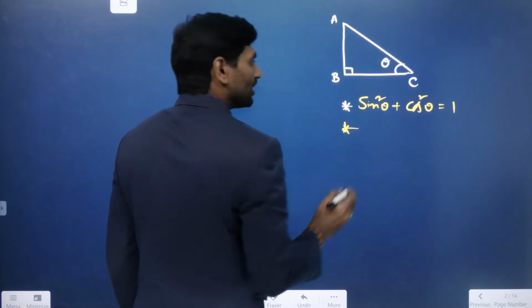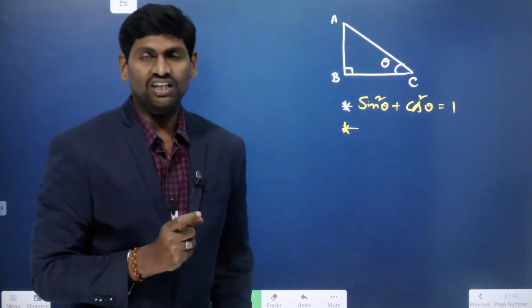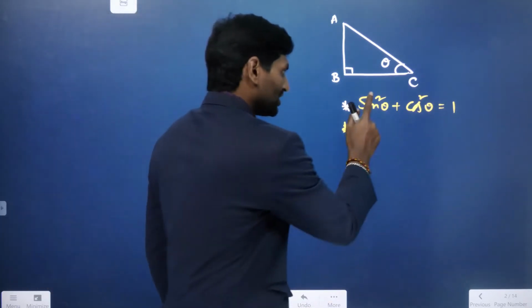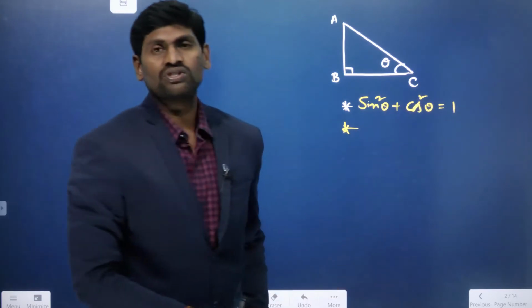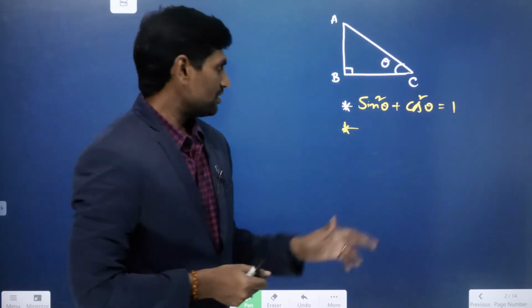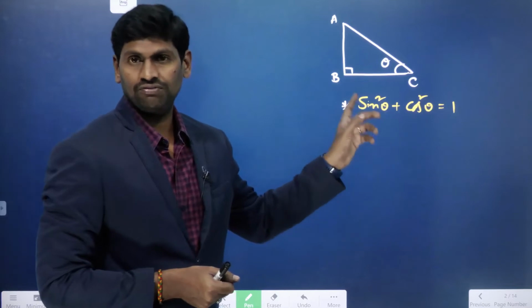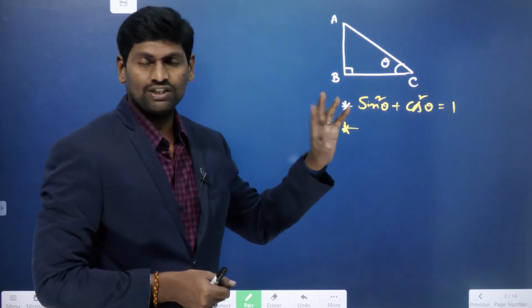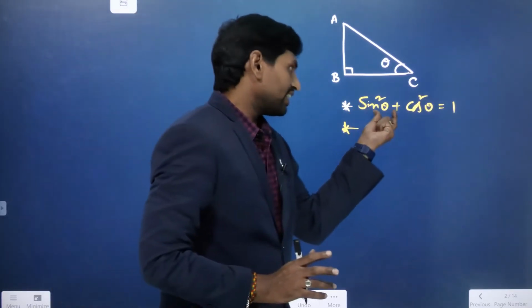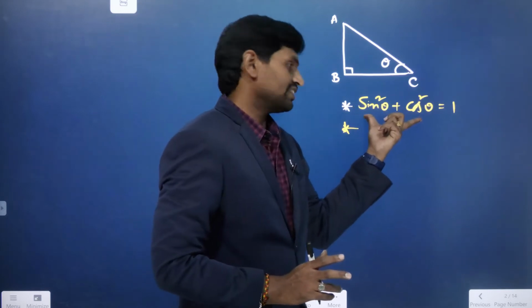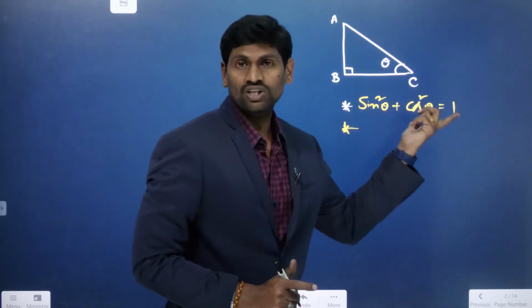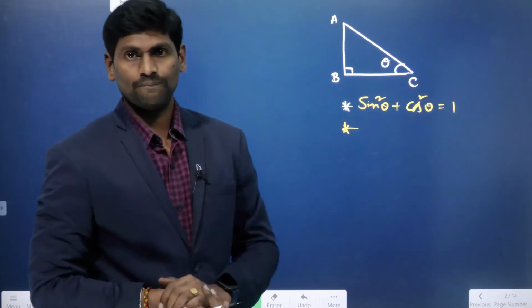That means whatever the value in the place of theta, sin square theta plus cos square theta is always 1. Theta can be 1 degree, 50 degrees, 25 degrees, 36, whatever; this identity is always 1 only.